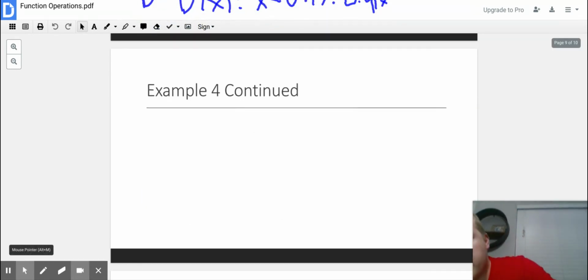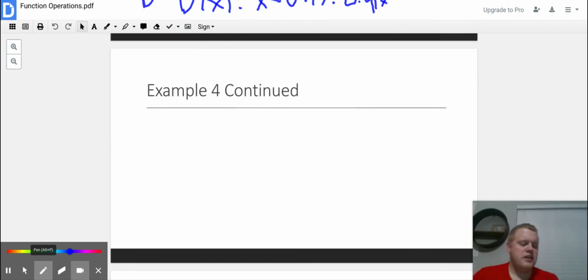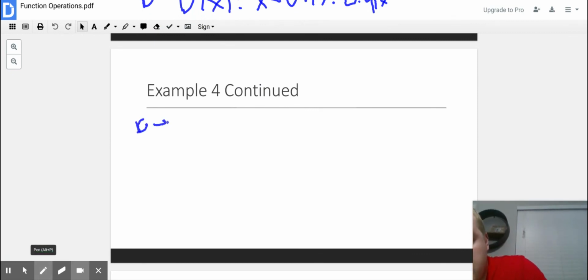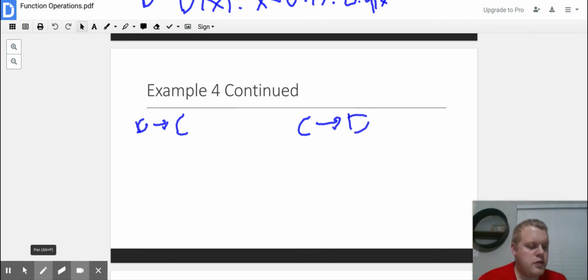Okay. The first composite function is if we do the discount, then the coupon. And the other way would be if they did the coupon, then the discount. So if they did the discount, then the coupon, that means the discount is going to go first.